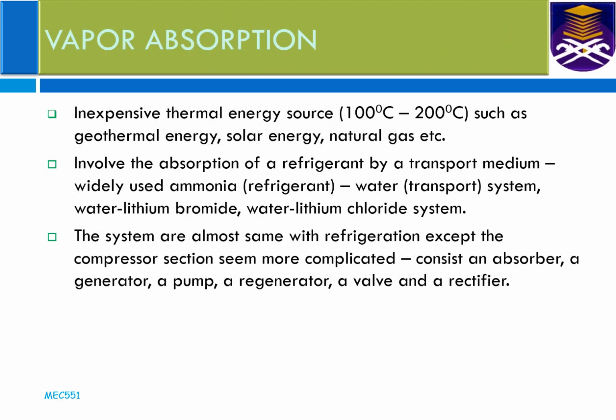This is the third type of refrigeration cycle, which is known as the vapor absorption cycle. The vapor absorption cycle usually uses ammonia as a refrigerant, with water as the transport medium, and also water-lithium bromide and water-lithium chloride systems.